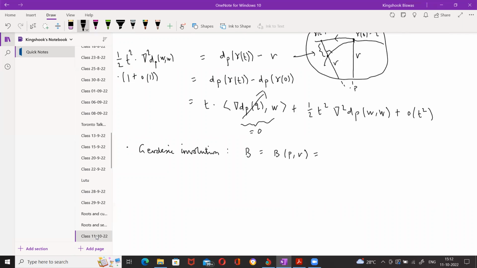This is the image under the exponential of a ball of radius r around the origin, a geodesic ball in my Riemannian manifold M. Then we can define the following.